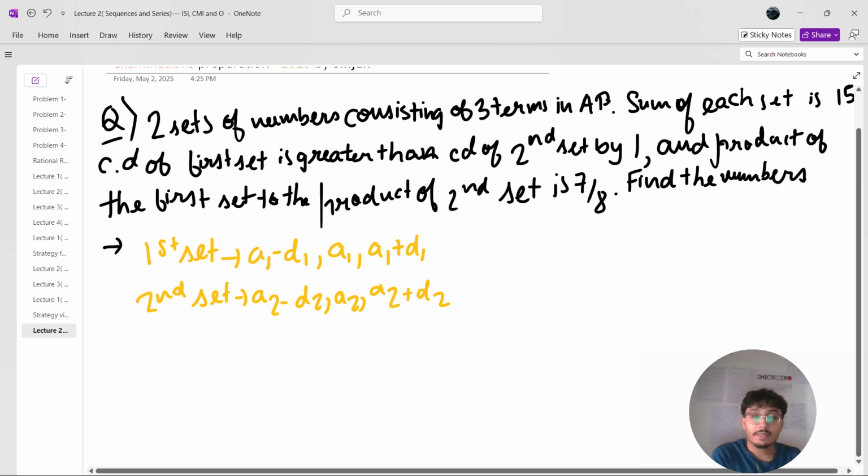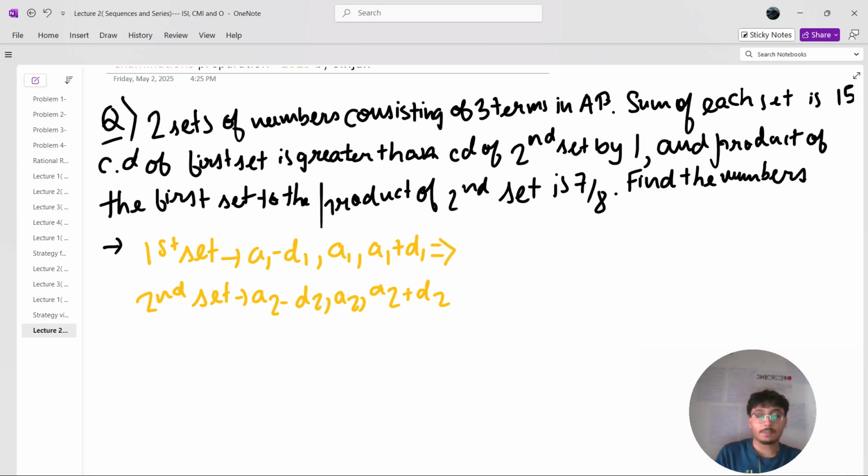Sum of each set is going to be 15. When you sum up all the 3 terms, what are we getting? I am getting 3A1 to be 15, and 3A2 to be 15. A1 is going to be 5, and A2 is going to be 5.